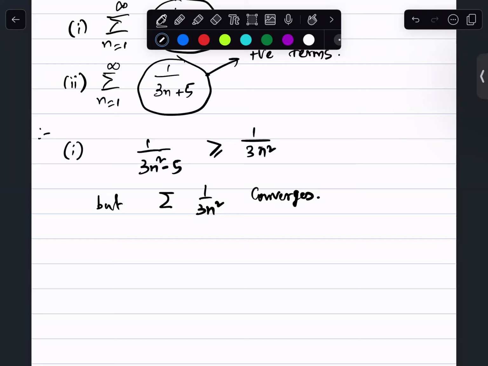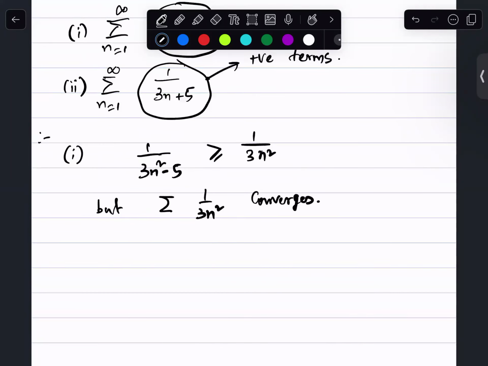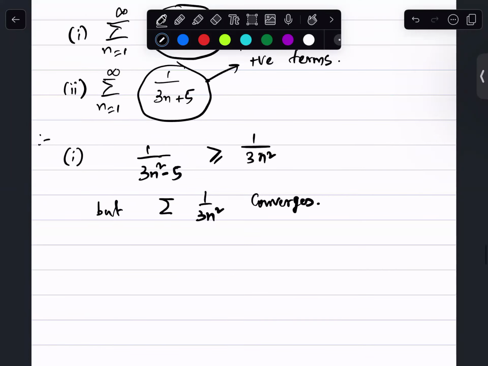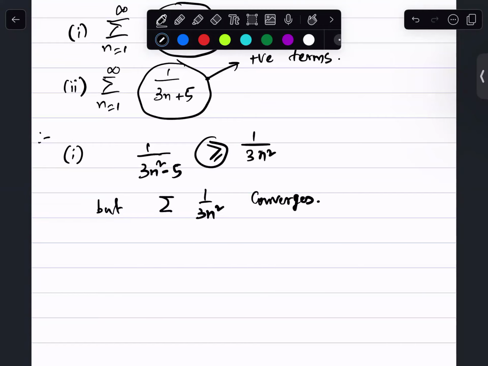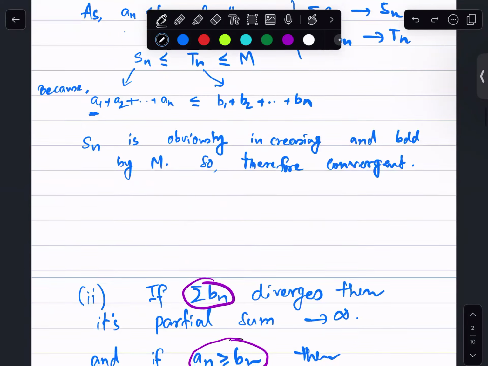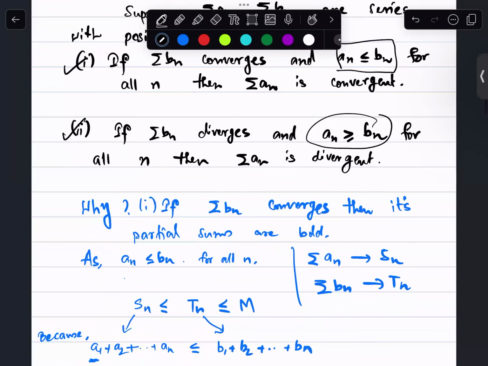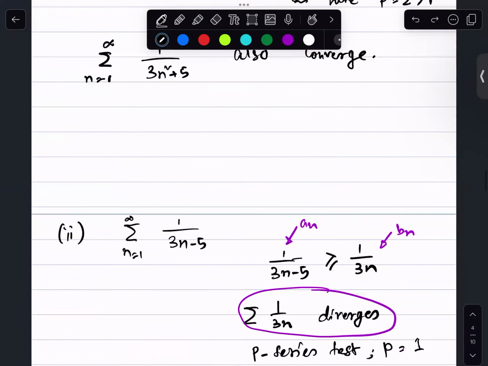Again, this is the p test, p being 2. But I have the bigger-or-equal inequality there. So if I try to compare, I'm in the second case, right? But the issue is that I need summation bn to be divergent.